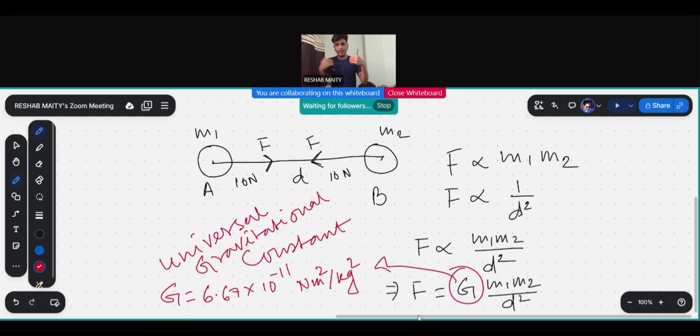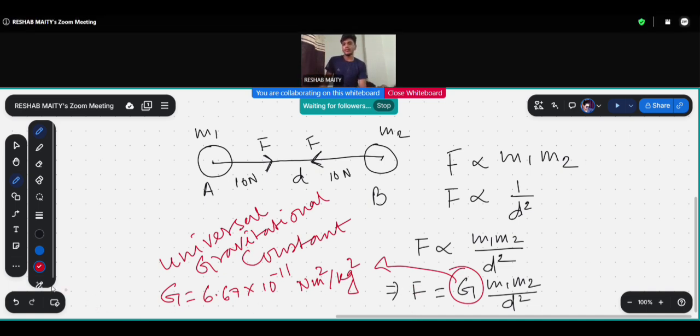The value of capital G on our Earth and also on Venus will be the same. All over our universe, it will be the same. So we need to remember this value.